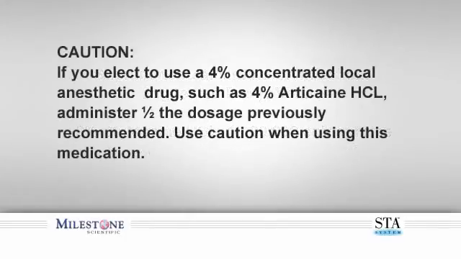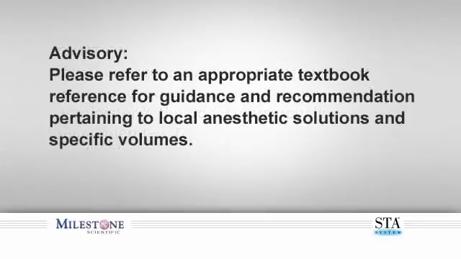If you elect to use a 4% concentrated local anesthetic drug, such as 4% articaine HCl, use half the dosage previously suggested and use extreme caution when using these medications. Please refer to an appropriate textbook reference source for guidance and recommendation pertaining to local anesthetic solutions and specific volumes.